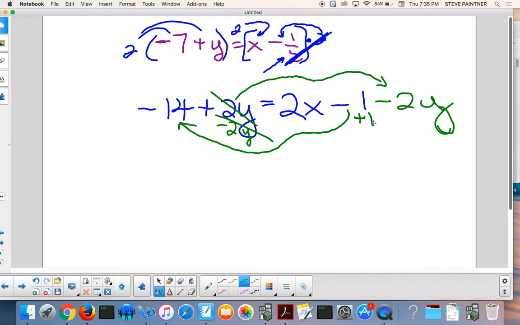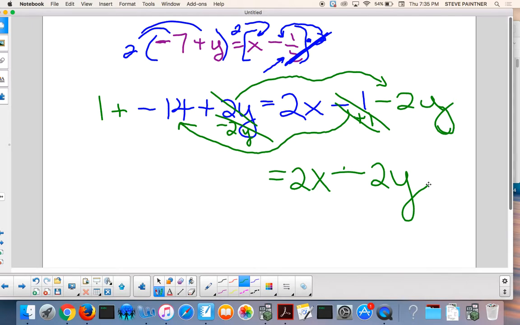Plus 1, plus 1. Okay. These are out. 2x minus 2y equals negative 14 plus 1, which is negative 13. The a value is positive, x and y are on the same side, and there are no fractions, no decimals, we're good.